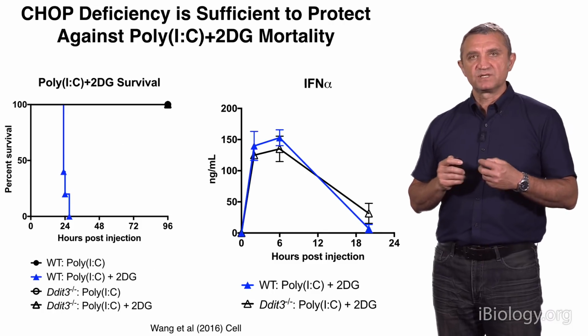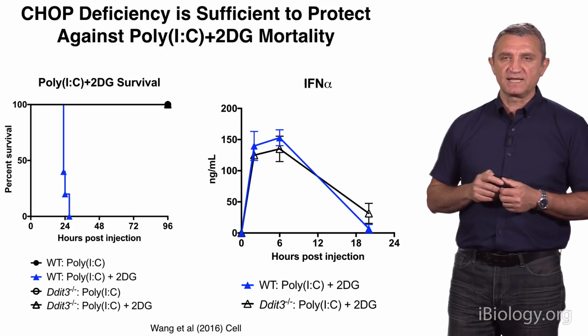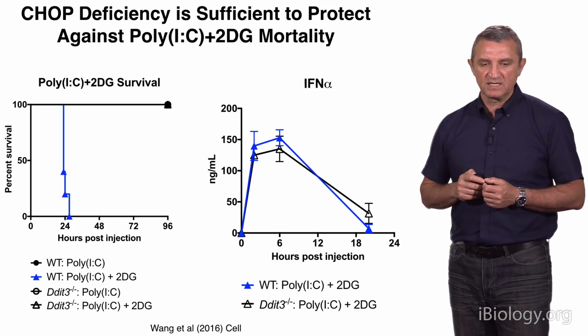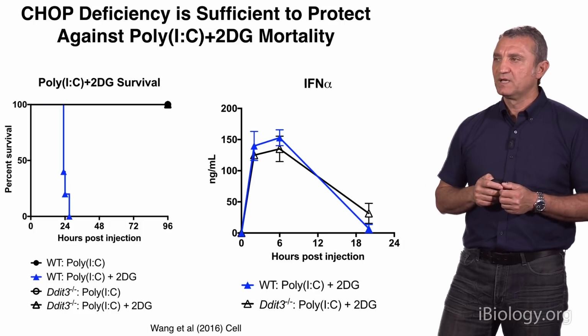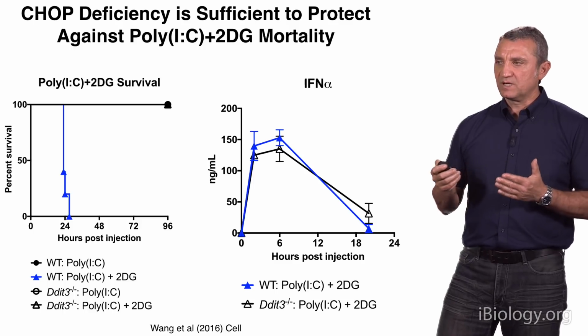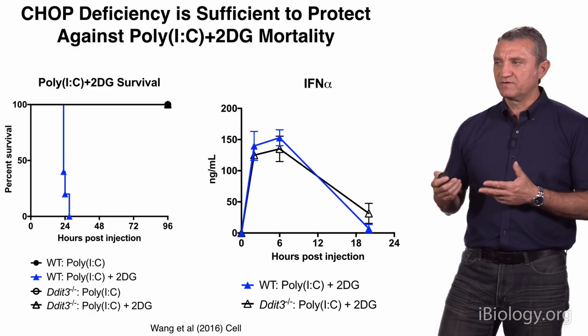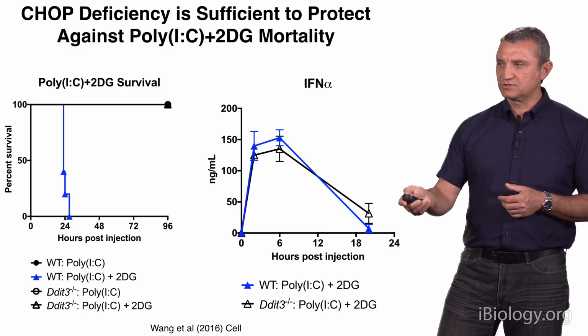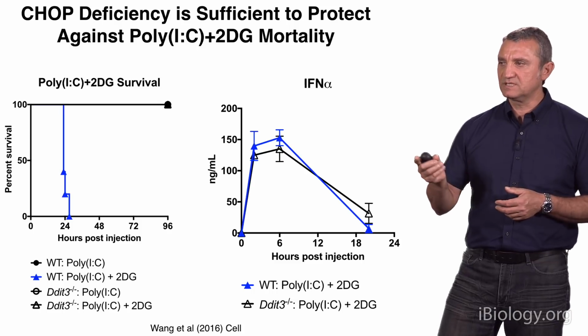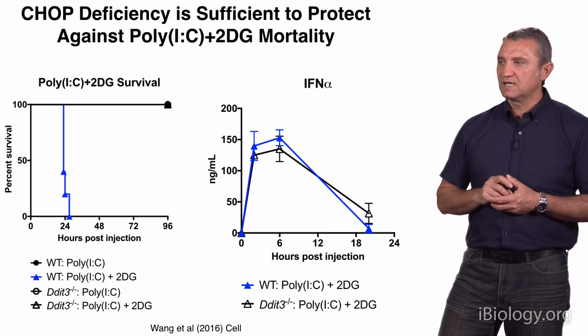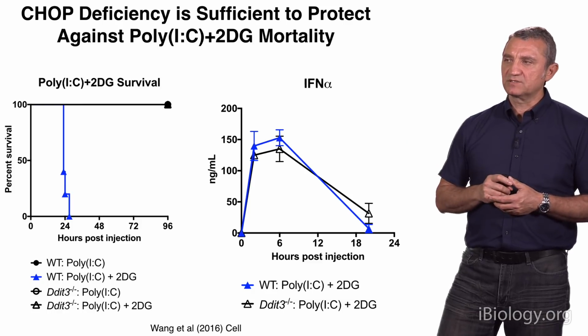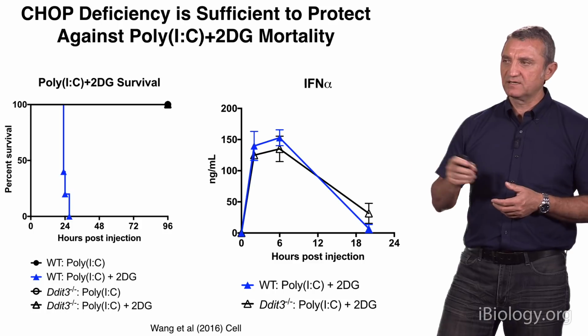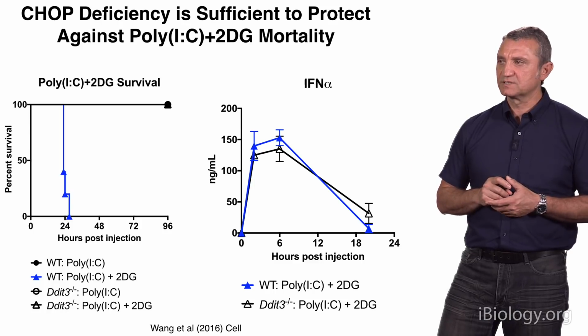And then we tested whether CHOP is involved in mortality caused by infection and 2DG. And to test that, we used either wild type or CHOP deficient mice. The gene name for CHOP is DDIT3, so there's a DDIT3 knockout mice in open symbols. And as you can see, wild-type mice that receive poly-IC and 2DG die 100%. That's the blue triangles.